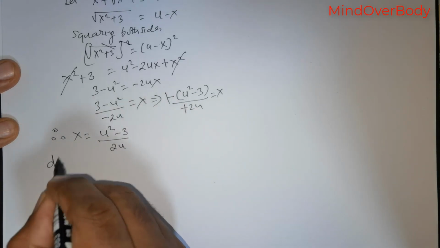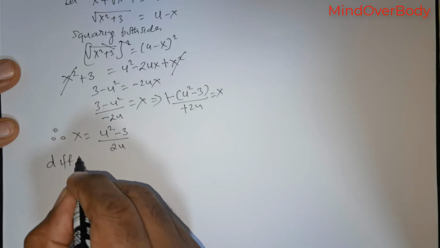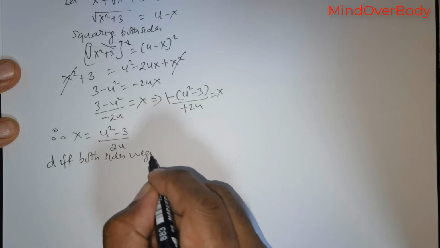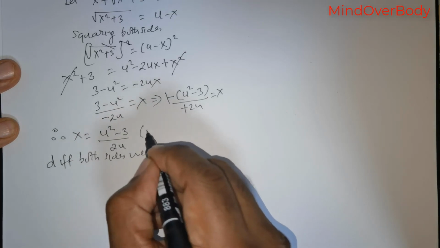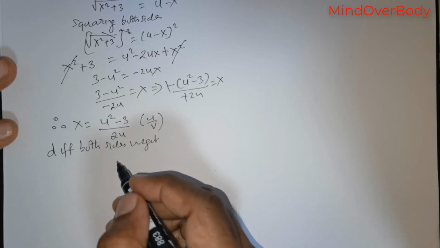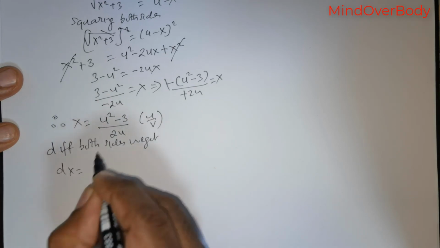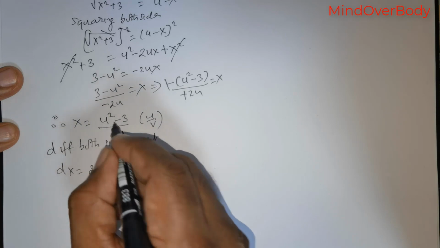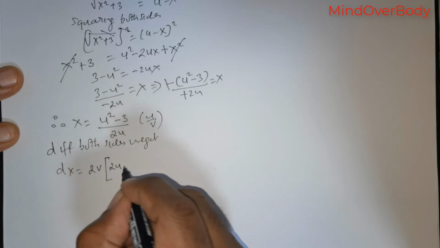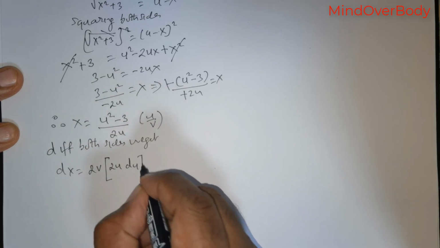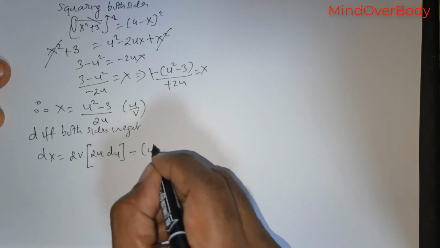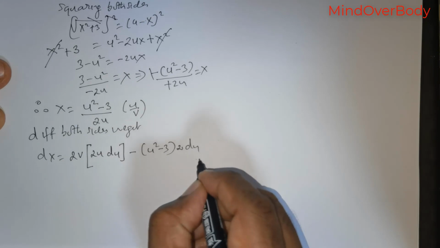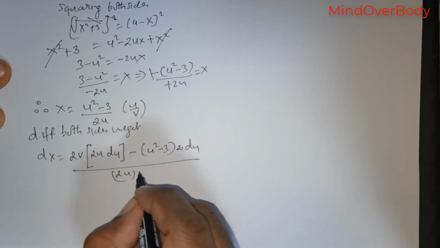Now I'm going to get dx, so differentiating both sides we get. For this I will be employing the u over v form. So the differential of x is going to be dx. This is going to be 2 times v times the differentiation of u squared minus 3, that's going to be 2 times u times du, followed by minus u squared minus 3 times the differentiation of 2 times u, which is 2 times du, divided by 2 times u raised to the power of 2.